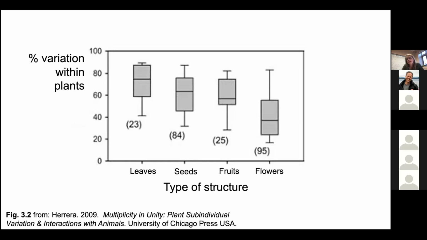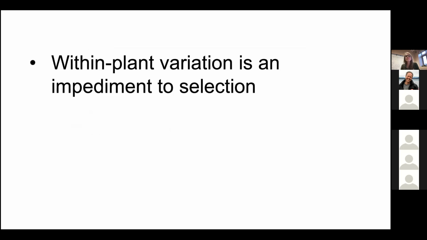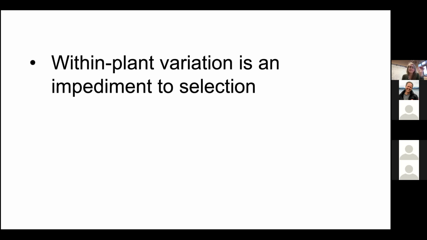Where within plant variation is considered in plant ecology, it's often from one of two perspectives. One dominant view on within plant variation in the plant ecology literature is that within plant variation is an impediment to selection on organ level traits. That view is true, right? There's absolutely merit to this argument, and I'll elaborate on that point later on in the presentation.